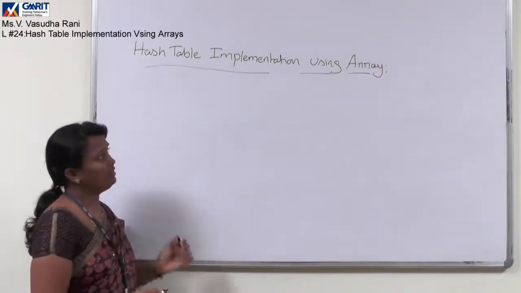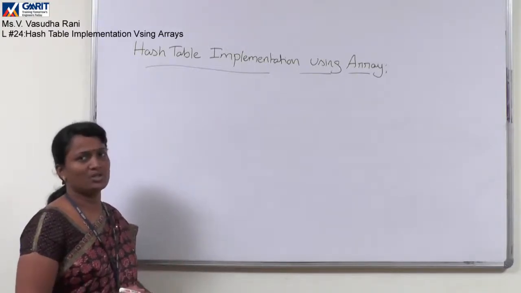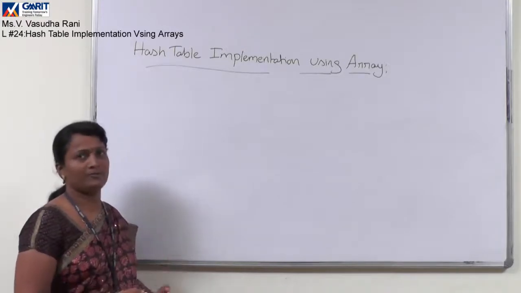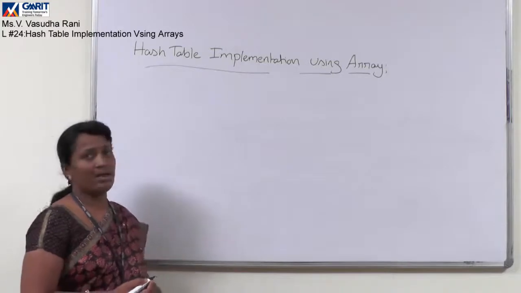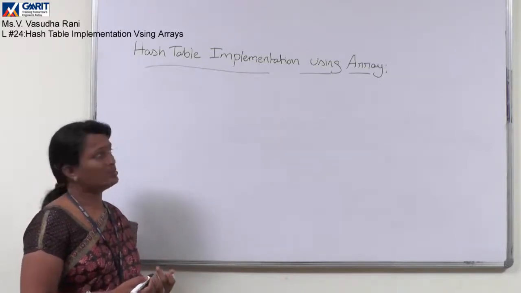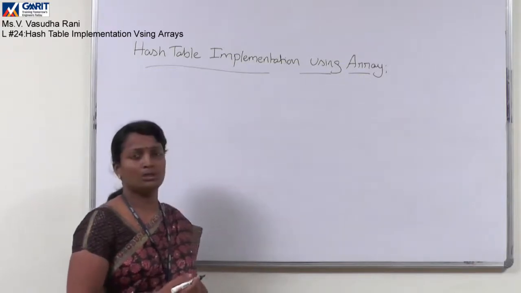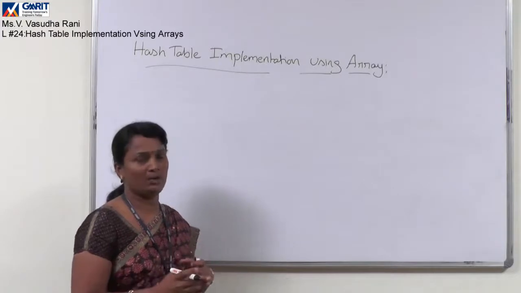For the situation, let's consider data which is not giving any collisions, and let us take the table size as 5, and we are going to use array implementation. In our hash table, we need a structure for index, key and value.